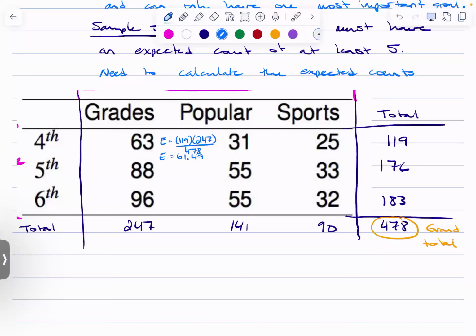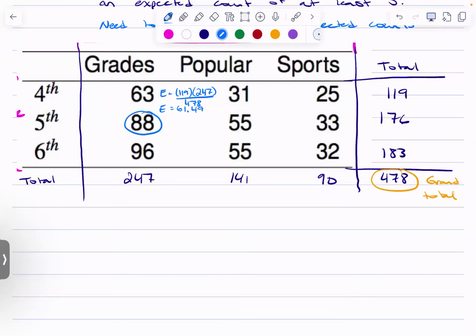I did see that she just went for whole numbers. Usually I want you to keep about 2 decimal places because these are expected counts. And we've seen that before, right? Expected values don't have to be true possible values. They're just what you would expect if you redid it an infinite number of times.